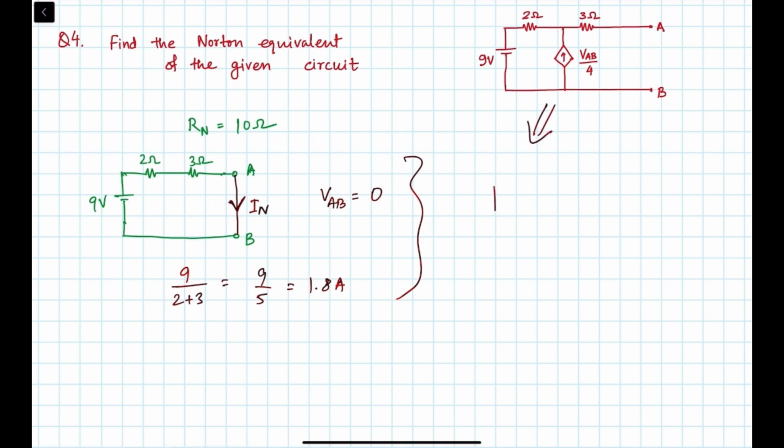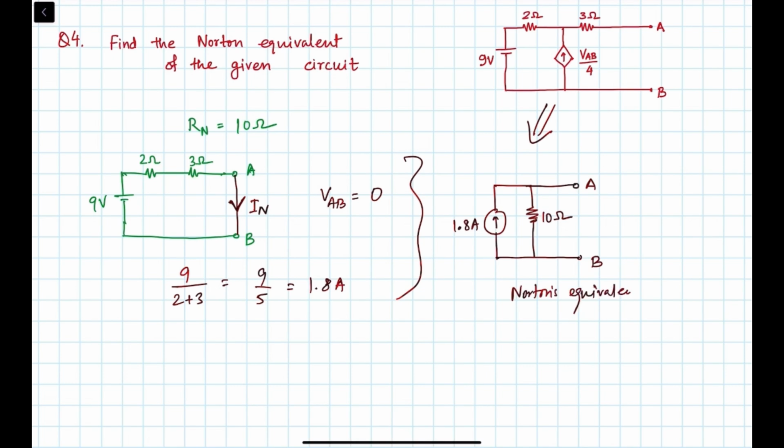A current source like this and a resistance in parallel. So this is A, B, current is 1.8 ampere and resistance is 10 ohm. So this is our final Norton's equivalent.